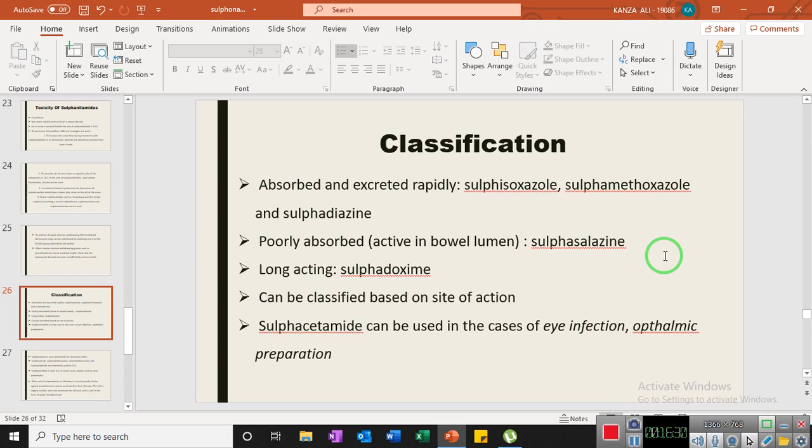Then the compounds can be classified on the basis of their site of action. For example, the compound sulfacetamide is used in the cases of eye infection, or sulfacetamide is present in ophthalmic preparation.